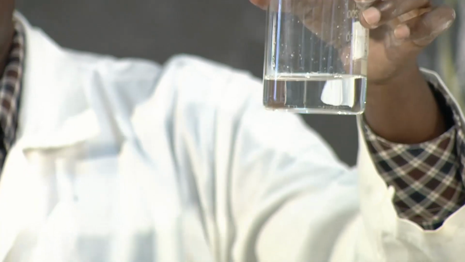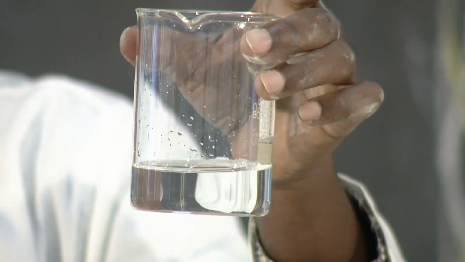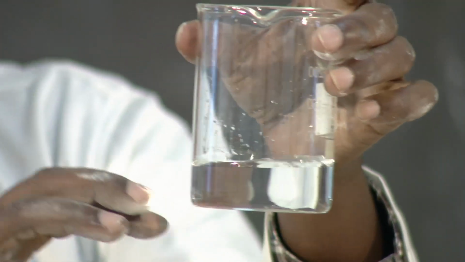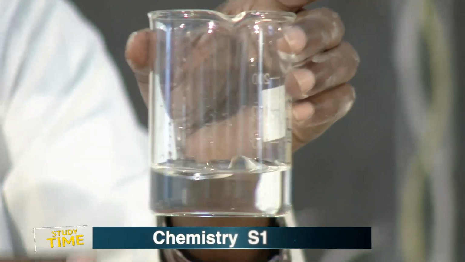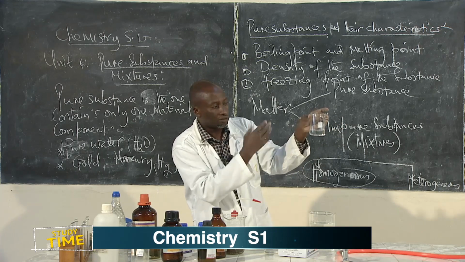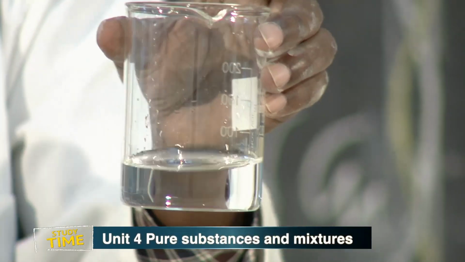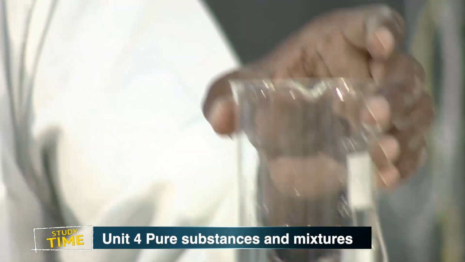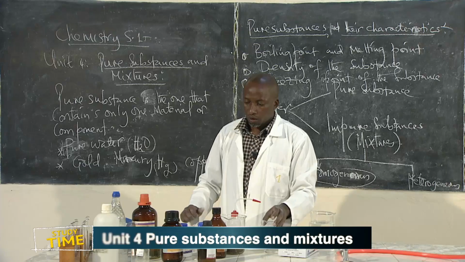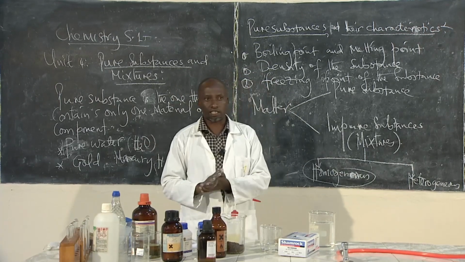This mixture is uniformly distributed. You can't look at them and easily tell that this is a mixture, because they are uniformly distributed together throughout the solution. That is one of the examples of the homogeneous mixture.